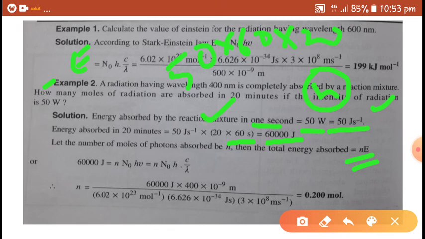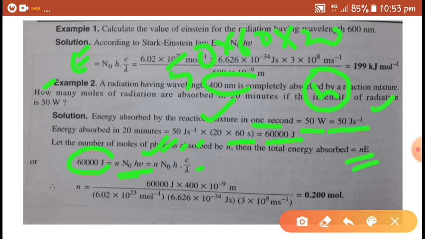The total energy absorbed is 60,000, and nE, where E means Einstein energy. So Einstein energy is nhc by lambda. Lambda is given in the problem data itself, that lambda is 400 nanometers.